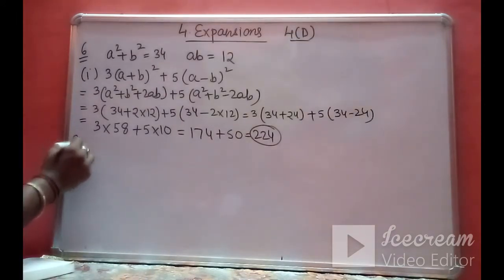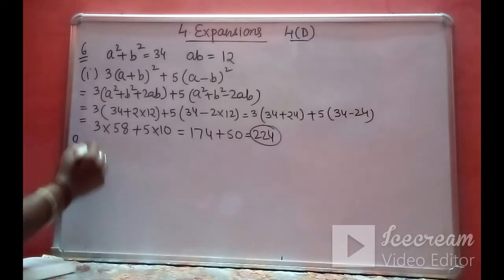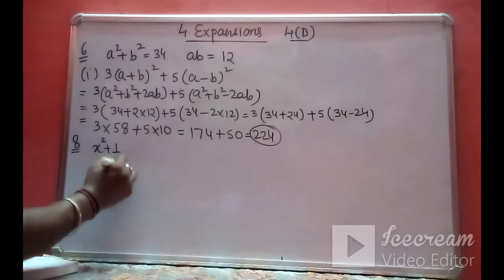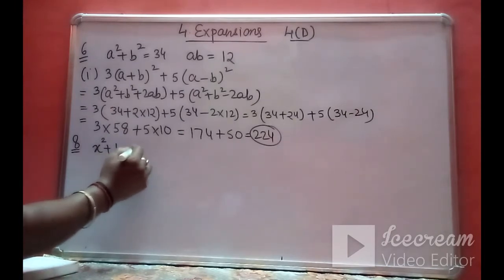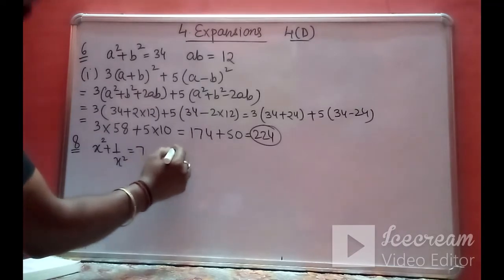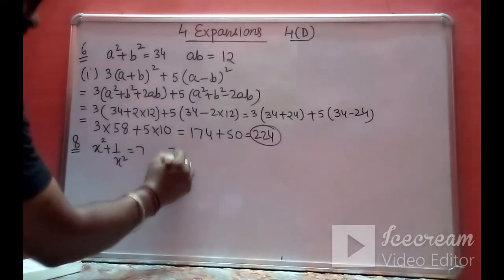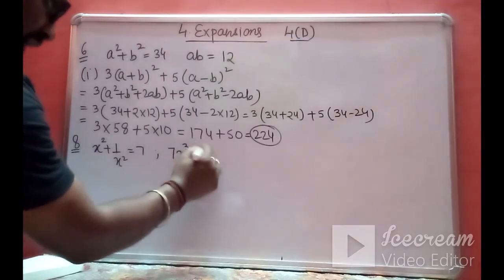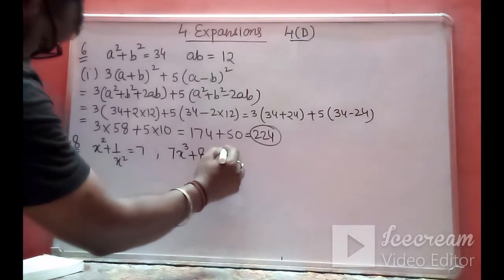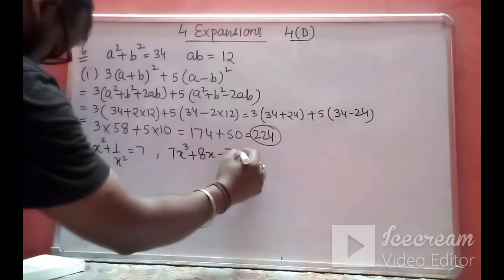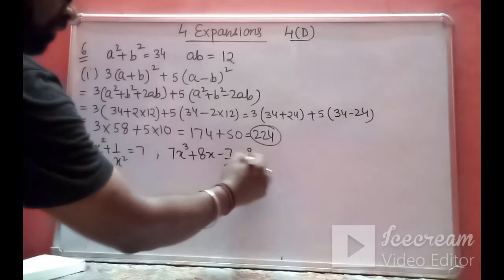Now the question like question number 8, in which x square plus 1 upon x square is equal to 7, and we have to find the value of 7x cube plus 8x minus 7 upon x cube minus 8 upon x.